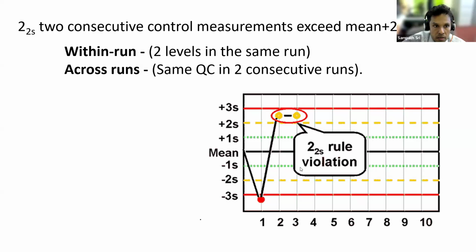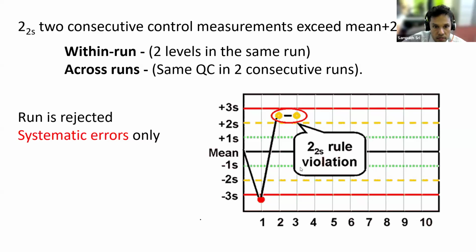This can be interpreted within run, that means 2 levels of QC in the same day or same time point, or it can be across run, that means from consecutive 2-day or 2 time point results. This is indicating a systematic error, and we have to reject the run.